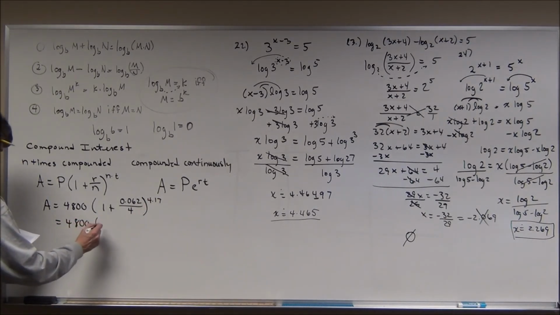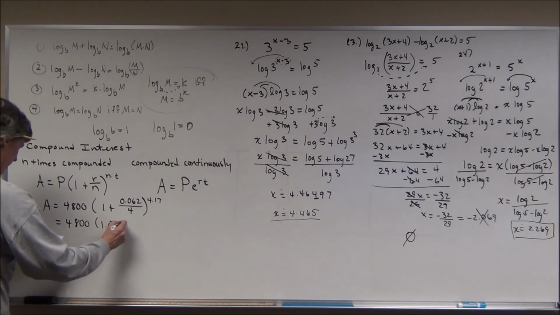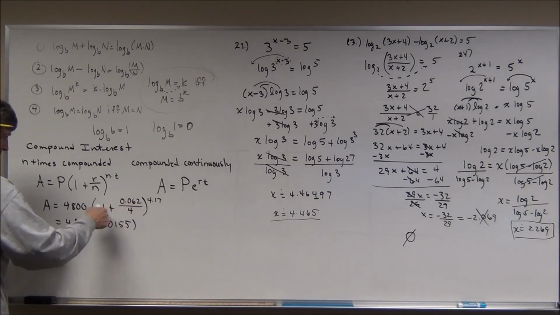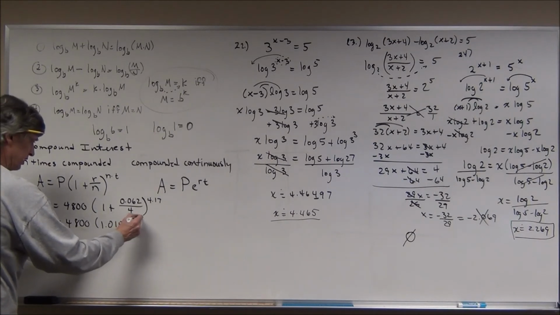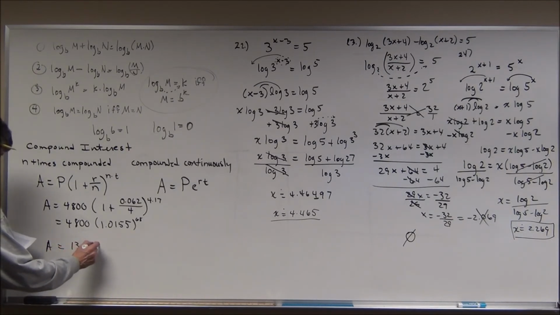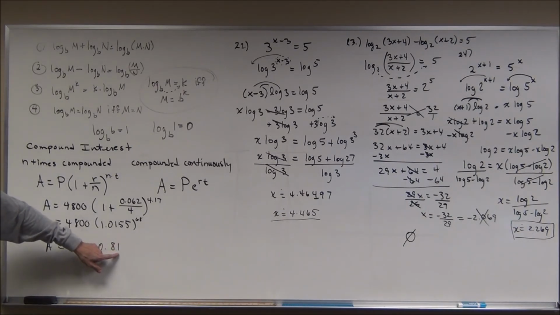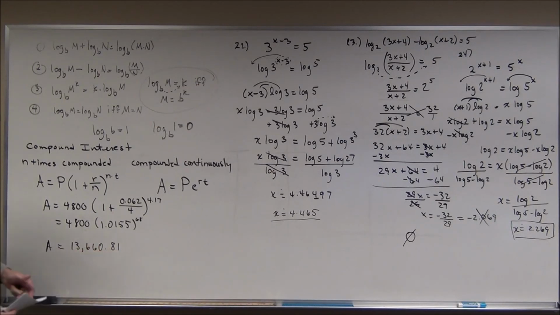4,800. This turns out to be 1.0155. I divided and added 1, raised to the 68th power. I multiplied the exponents. Now, when I punch this into my calculator, I got 13,660.81. Now, it wasn't exactly 0.81, but I rounded it to the hundredth because this is money, and that's the cents.